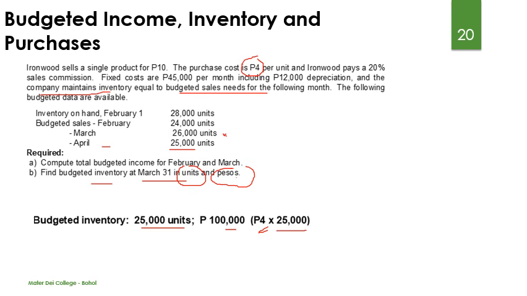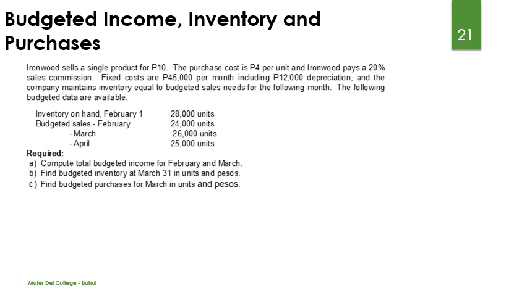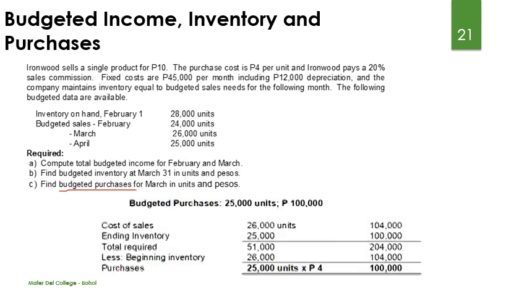Now for letter C. Okay, so the third one is the budgeted purchases for March in units and in peso. Okay, so how do we compute? Okay, remember that for March, our budgeted sales is 26,000 units.